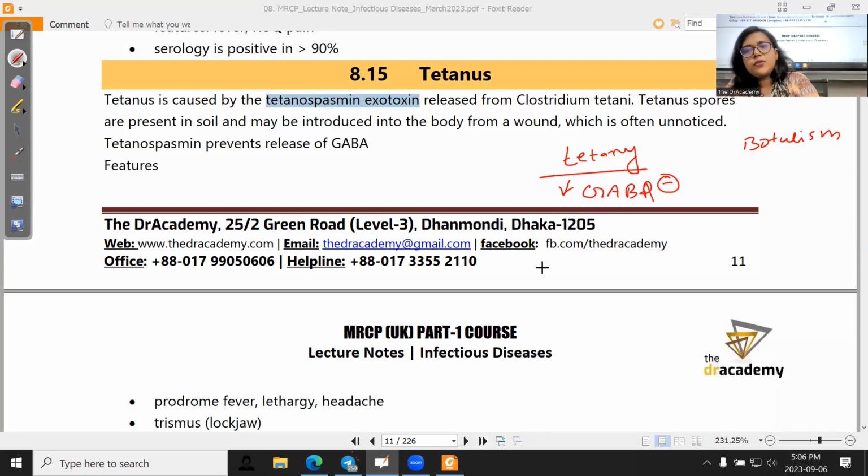So when the inhibitory neurotransmitter is inhibited, what will happen? Painful, excitable contractions in the muscle. And in case of botulism, acetylcholine release is prevented. Acetylcholine is an excitatory neurotransmitter. So when the excitatory neurotransmitter is blocked, then the body will be flaccid. Okay, flaccid paralysis will take place.